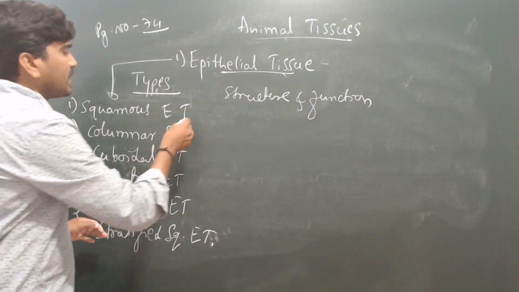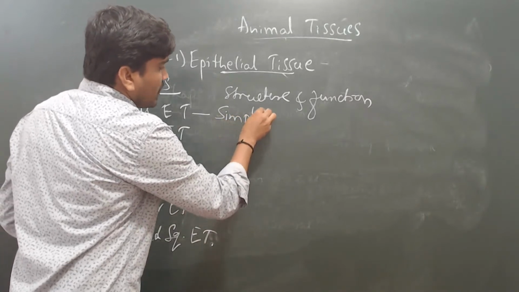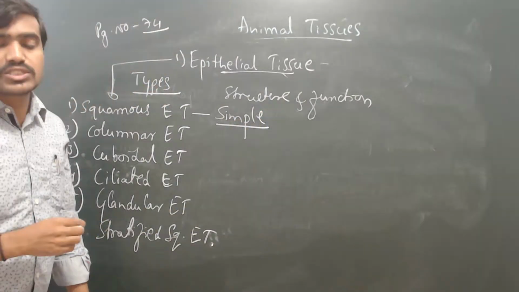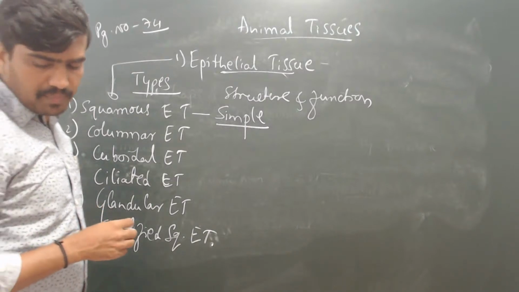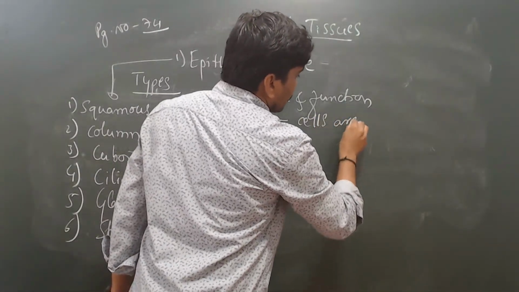Just simple. What is meant by squamous? Squamous tissue is very simple in structure. Here, cells are flat.